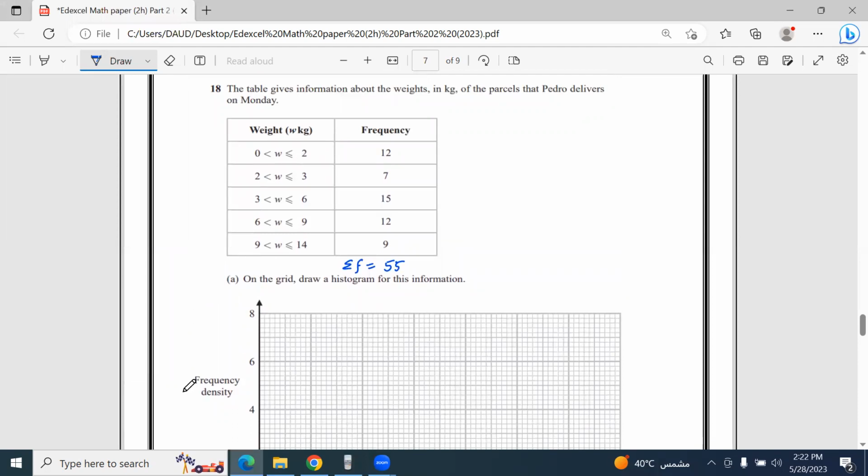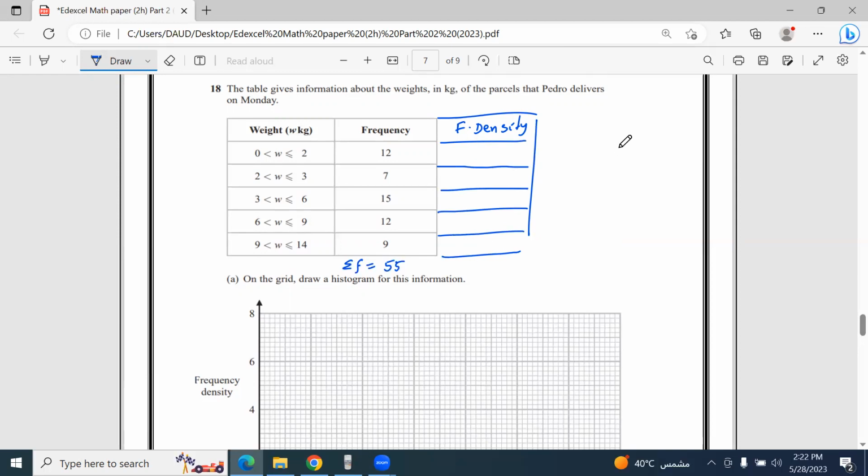So if we make another table for frequency density, the rule for frequency density is equal to frequency over class width. For example, the first frequency density, frequency is 12 over class width 0 to 2, that means 6.